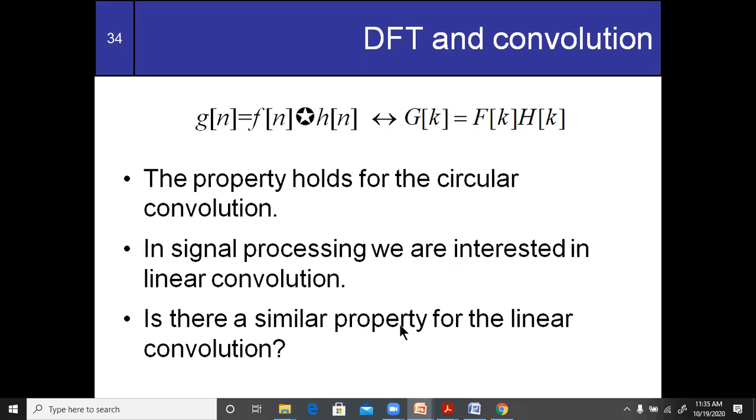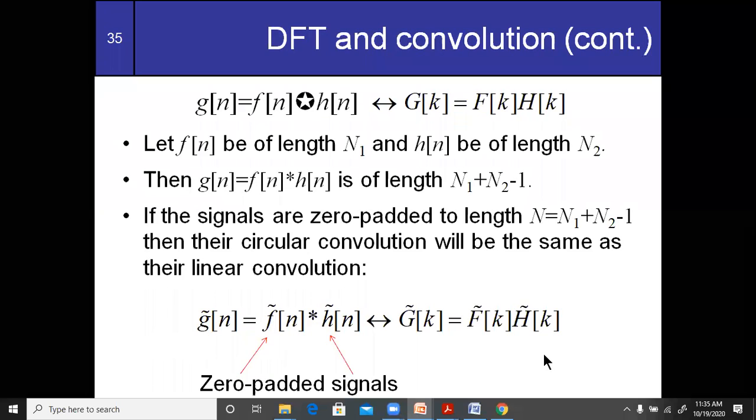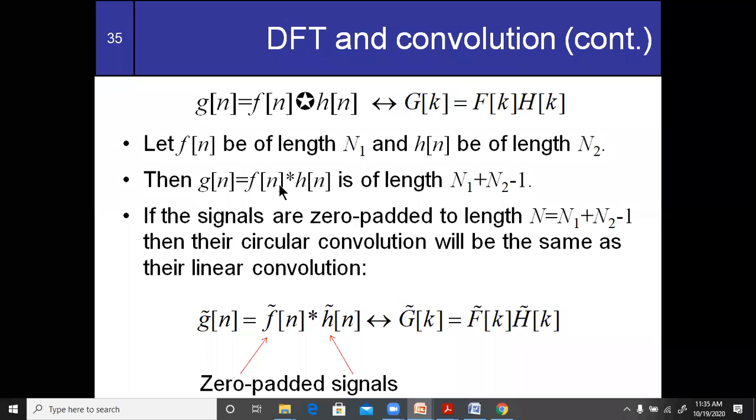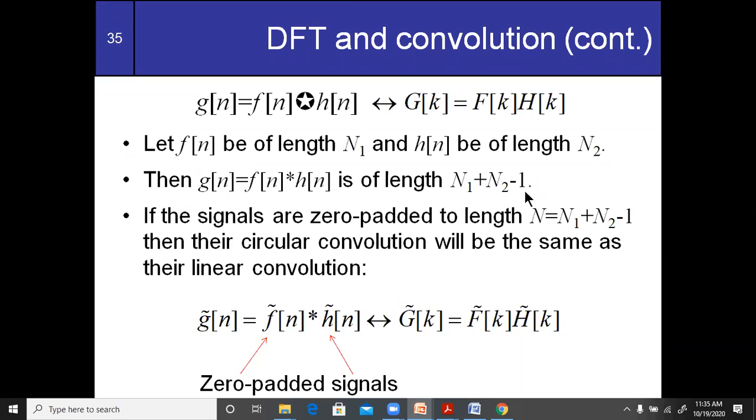So do we have a similar property for linear convolution? Yes, we can extend this circular convolution to correspond to linear convolution by what is known as zero padding. We have written this already. If Fn is of length n1 and Hn is of length n2, then Gn equal to Fn star Hn is of length n1 plus n2 minus 1.